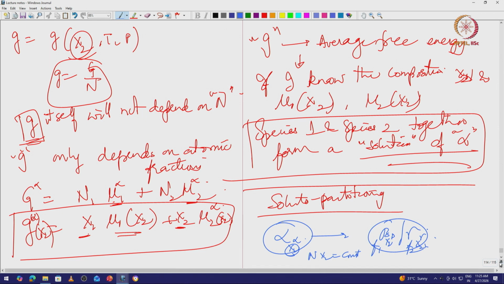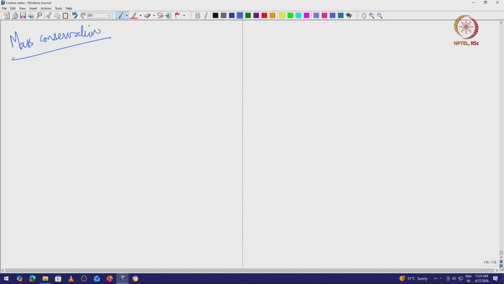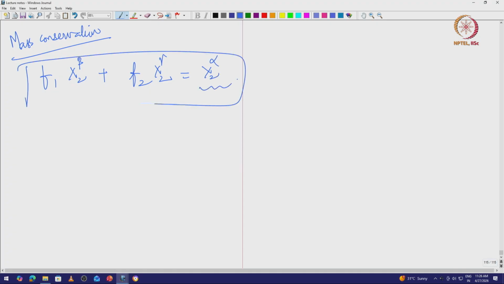Okay. So, as a result you are actually going to get f1 times x2 of beta plus f2 times x2 of gamma. Now, that is equal to x2 of alpha. So, this is what you have initially started with, this is just mass conservation. Okay. You have started with x2, the fraction of 2 in alpha is x2, right.